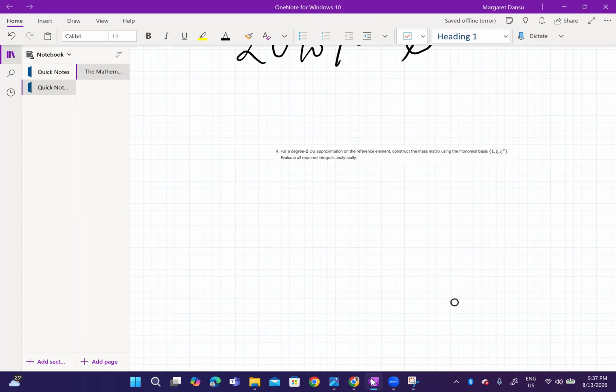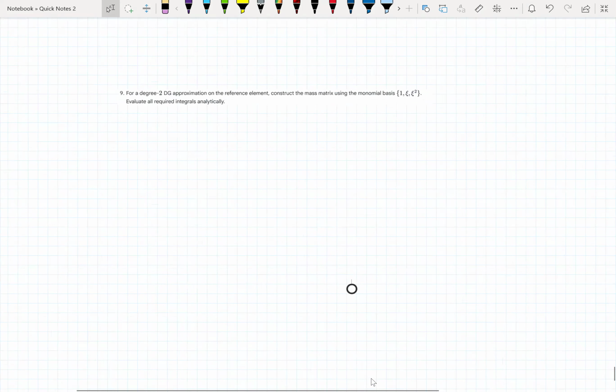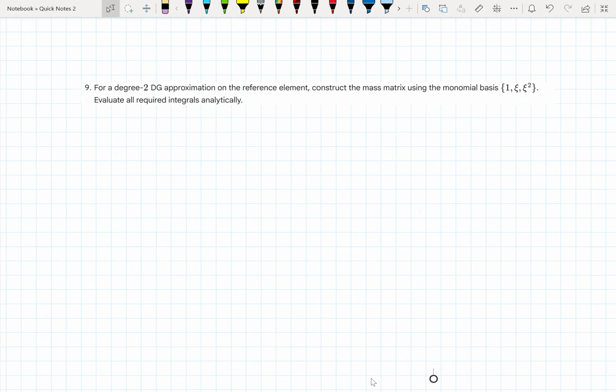So here now, you have this for a degree 2 discontinuous Galerkin approximation on the reference element, construct the mass matrix using the monomial basis 1, psi, and psi squared. Evaluate all required integrals analytically. Okay, let's do this.